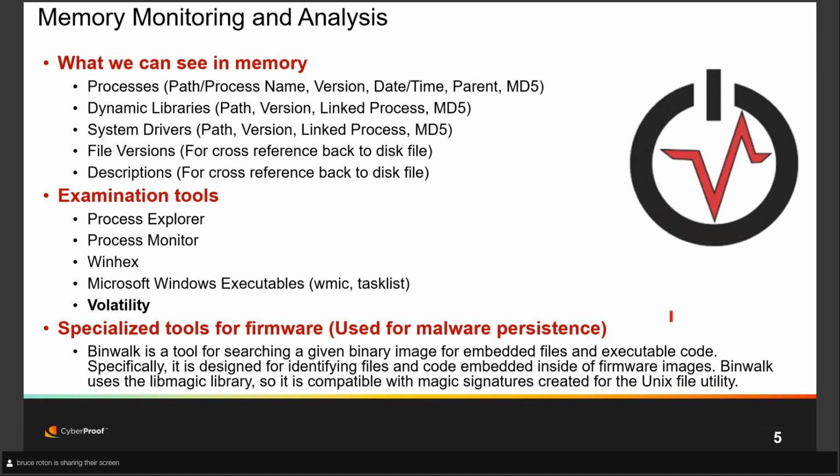There will also be a need to get some specialized tools. And on the last session, we talked about what I call zombie malware, because it is zombie hard to kill. It is in the firmware of a motherboard. And for finding that, you'll need specialized tools like Binwalk. It's designed to look for binary images, embedded and executable code, but specifically things that are in firmware images.